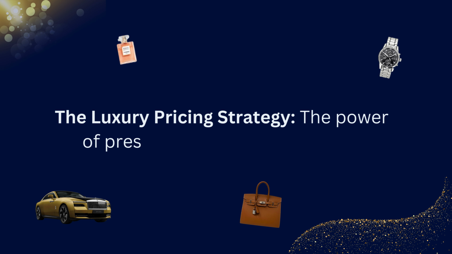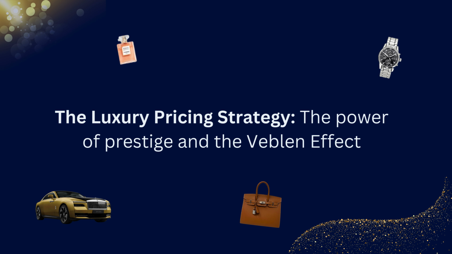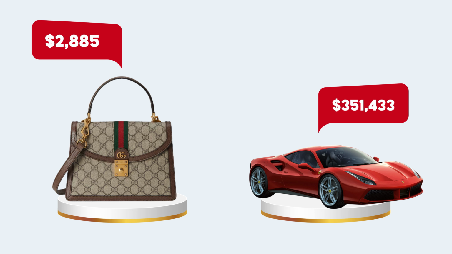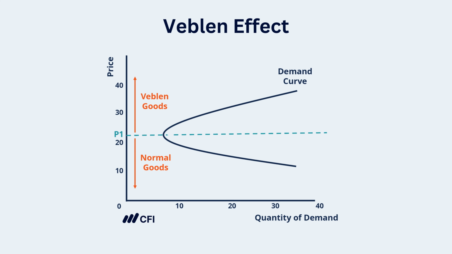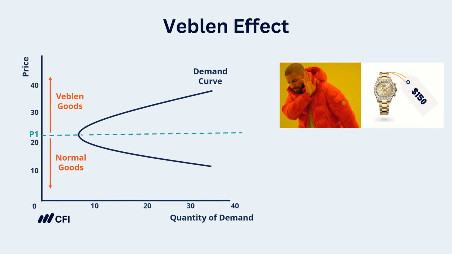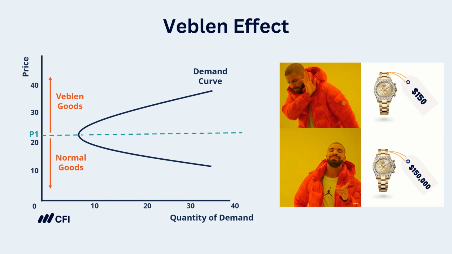But pricing isn't just about covering costs and profit margins. Luxury brands like Gucci or Ferrari often mark up products by hundreds or even thousands of dollars. Why? It's called the Veblen effect, a phenomenon where demand increases as the price increases. The Veblen paradox shows that in the case of luxury goods, a high price does not deter customers, but rather attracts them.